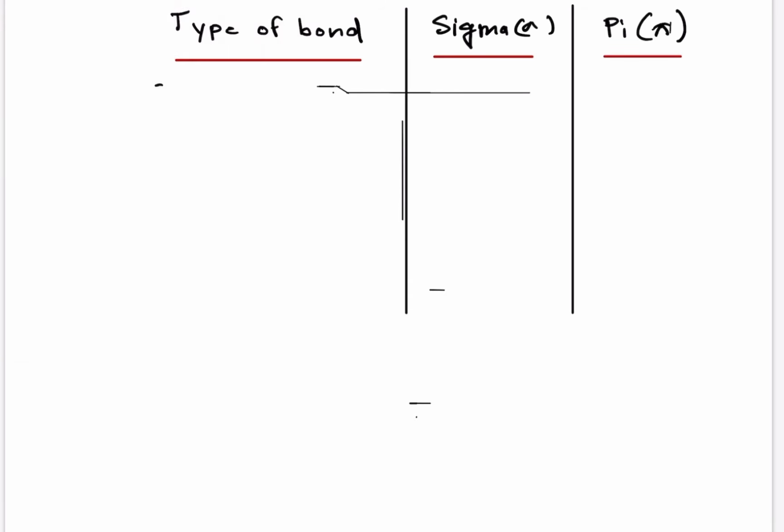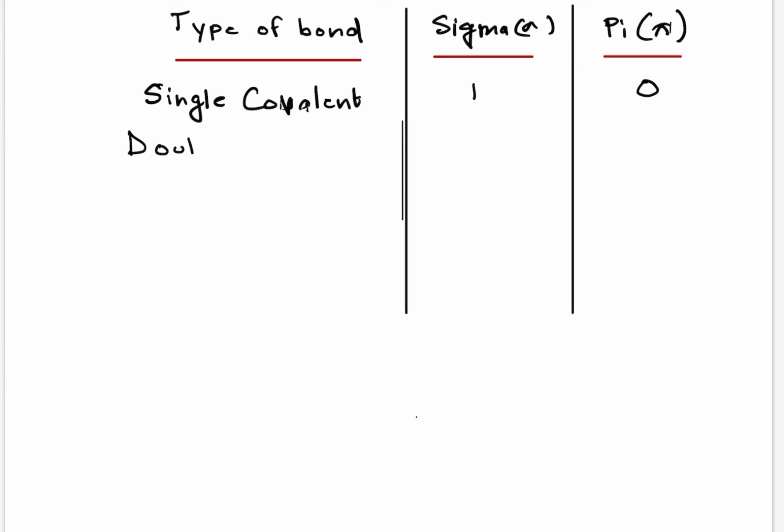when we talk about the single covalent bond, in a single covalent bond there will be one sigma, and there won't be any pi, so we can write down 0. Then we come to the double covalent bond.